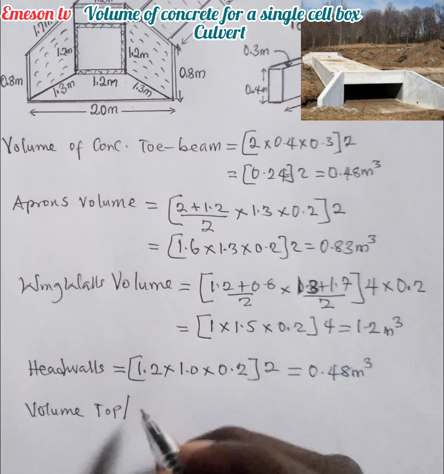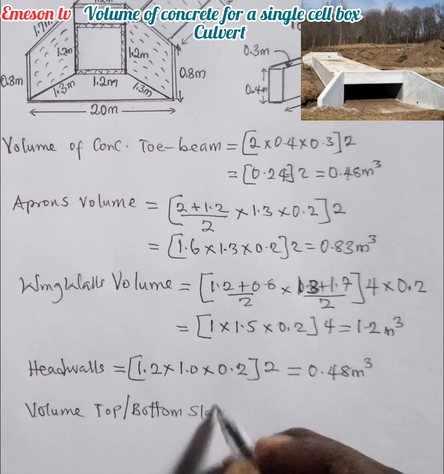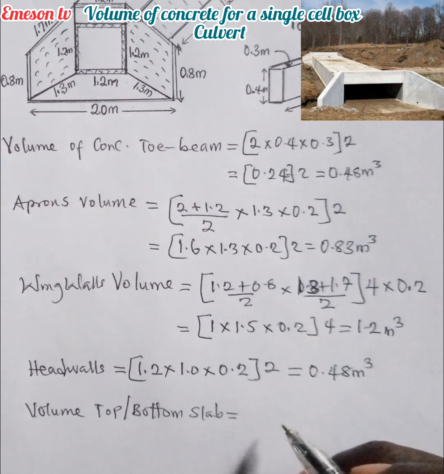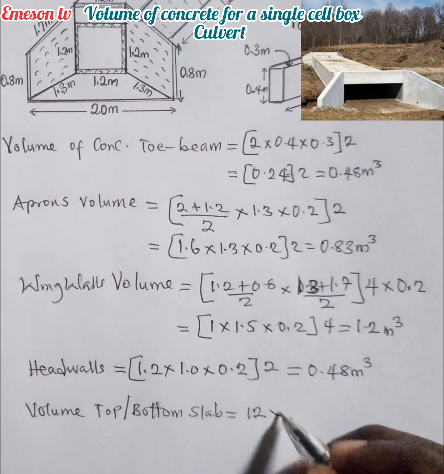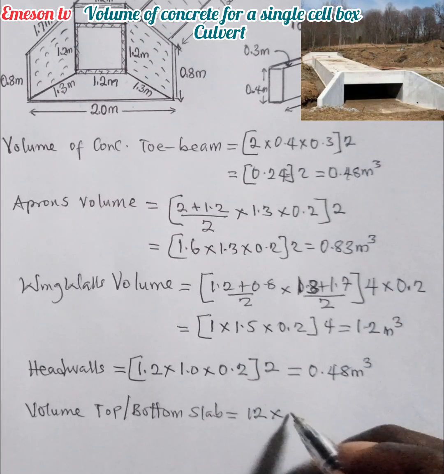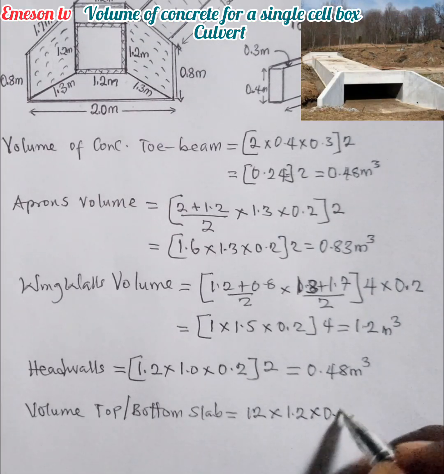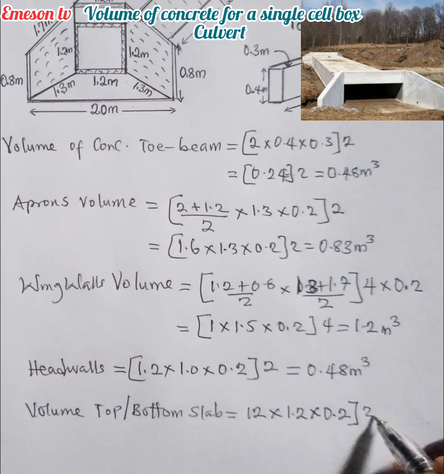top and bottom slab. For the top and bottom slab, we have a span of 12 meters multiplied by the width of 1.2, multiplied by the thickness of 0.2. Since it's top and bottom, I'll multiply this by 2.